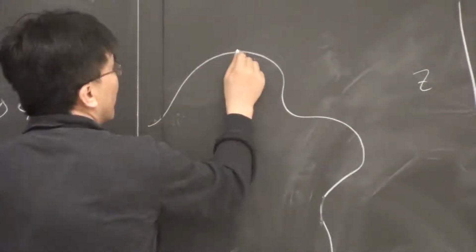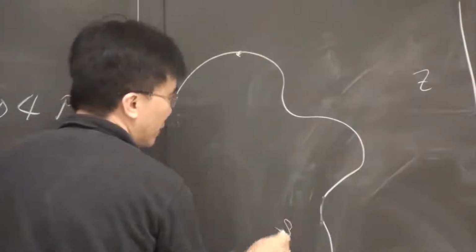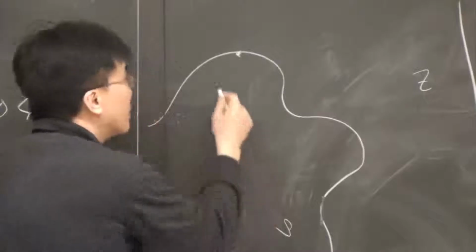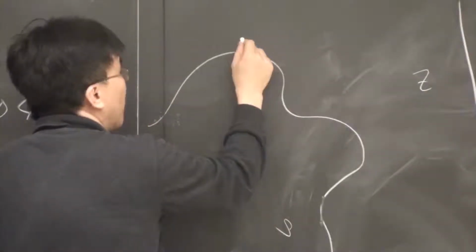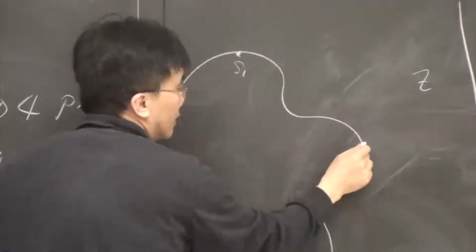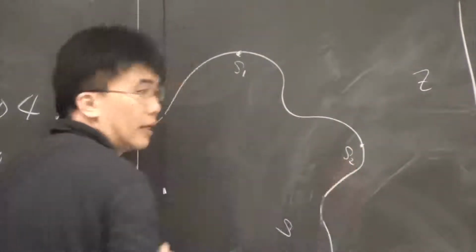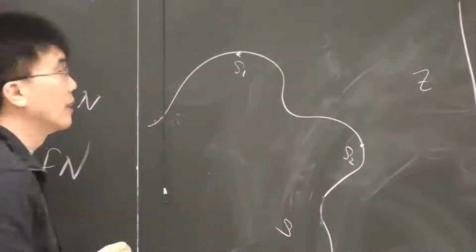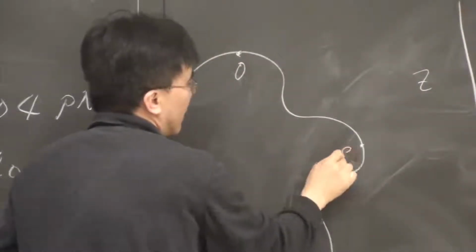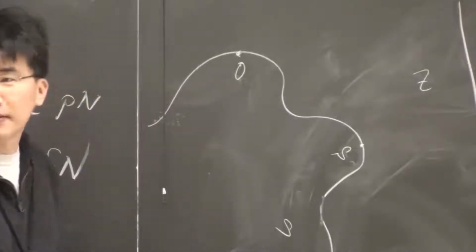what you can do is that, okay, so this is the contour coordinate S along this length, right? So this will be your point S1, and this will be your S2. And then let's call this 0 and then S, just to simplify.